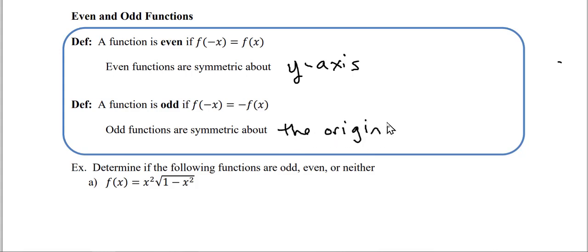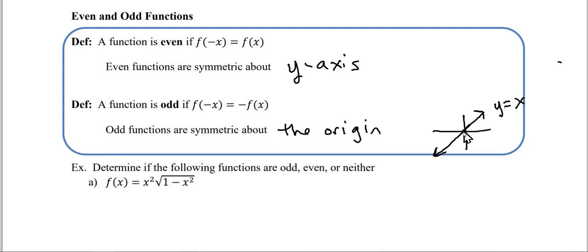What we mean by origin symmetry is if you were to pick that graph up and rotate it 180 degrees, so a half circle around the origin, you have the exact same picture as what you started with. An example of this might be the line y equals x that goes through the origin.